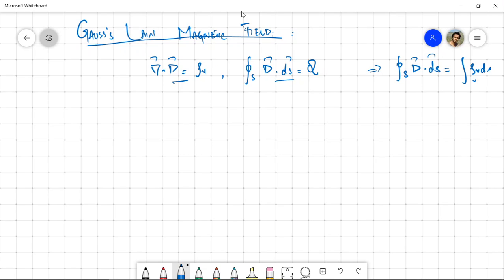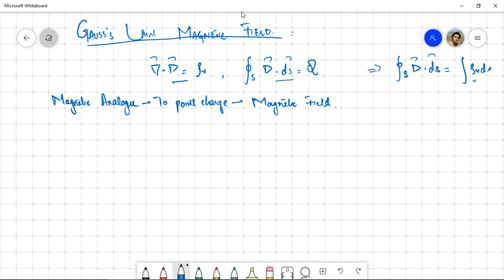The magnetic analog to a point charge is basically the magnetic pole. So the magnetic pole is the counterpart of a point charge in magnetostatics.